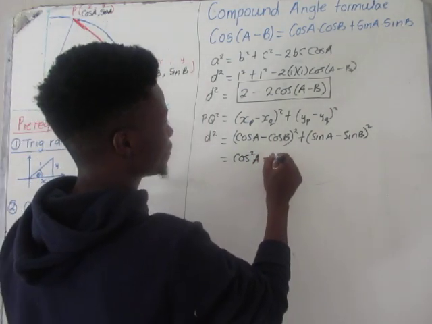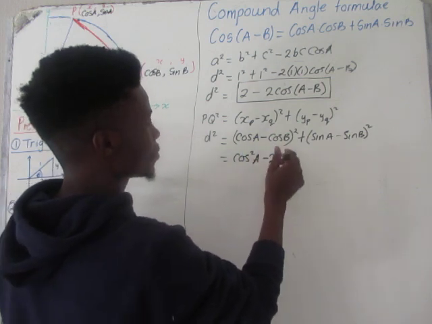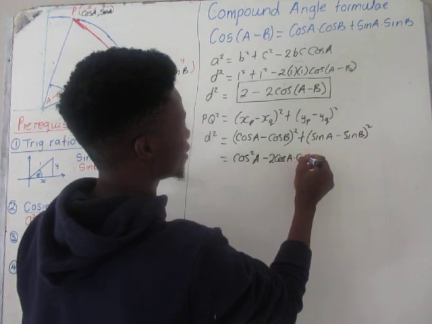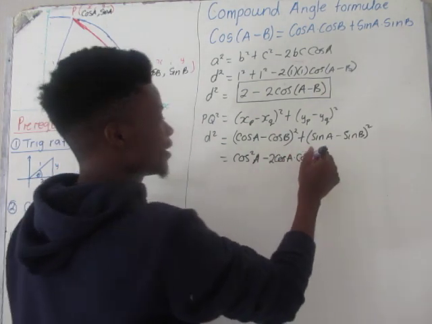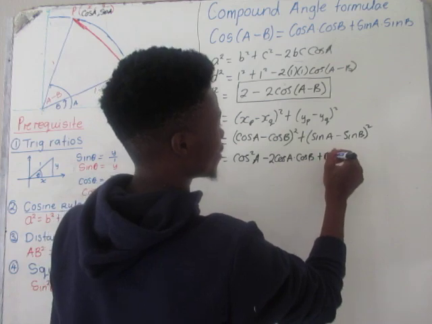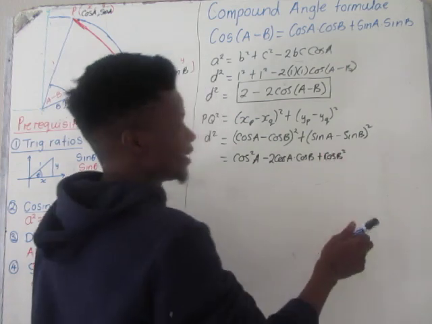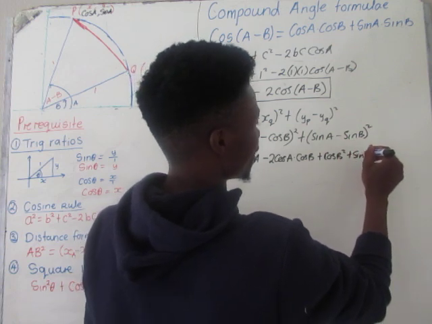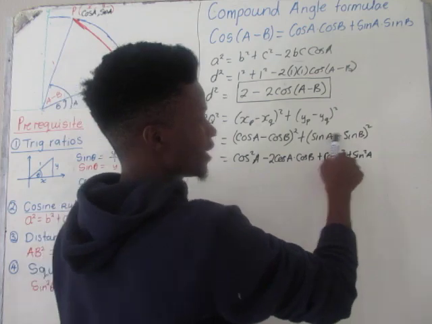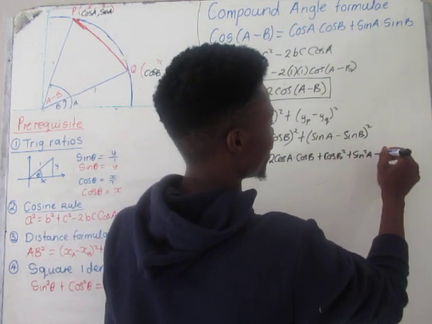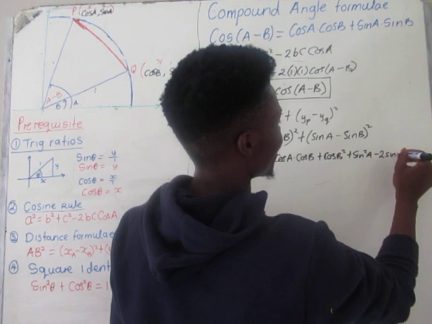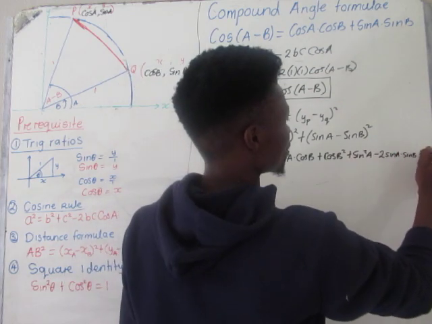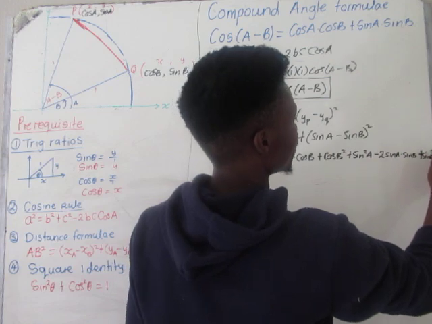So we get negative 2, because I'm going to multiply this 2 times, negative 2 cos A times cos B. Then we square the last one, positive cos squared B. Then I do the same right there, so I get positive sine squared A. Then I do that 2 times, negative 2 sine A sine B. Then I square the last one, positive sine squared B.